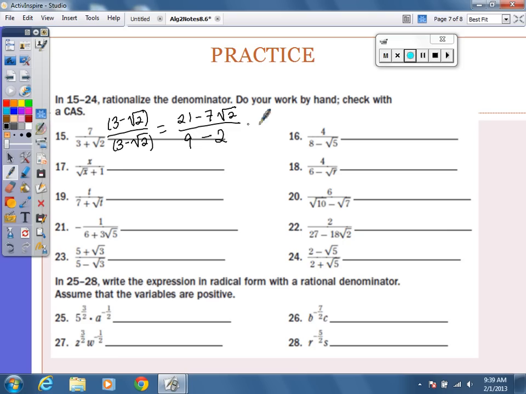Minus 2, which is 7. 21 minus 7 root 2 all over 7. They all have a 7 in common, so I'm left with 3 minus square root of 2.